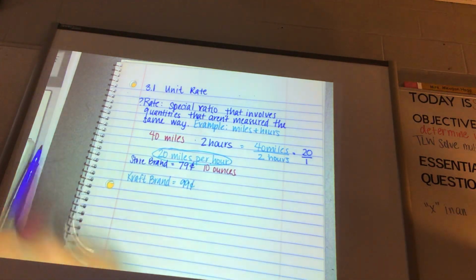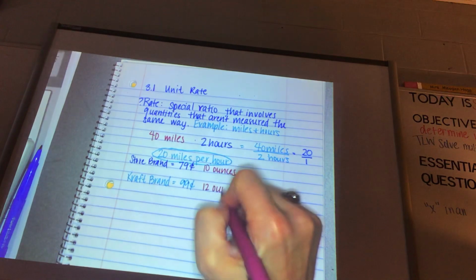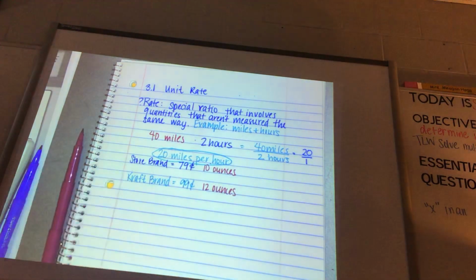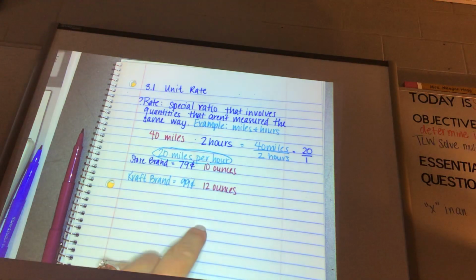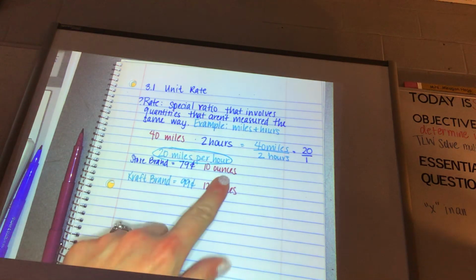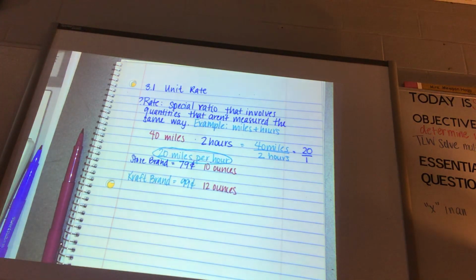So how could we figure out which one is the better deal? Well, we would be doing unit rate. We would set these up as a ratio, comparing them, and then we would divide to see which one had a better cost per ounce. Okay? So what we need to do is we just set them up in a ratio.